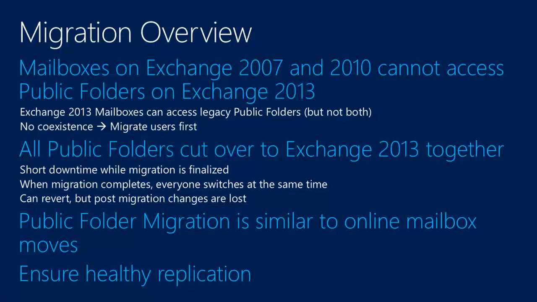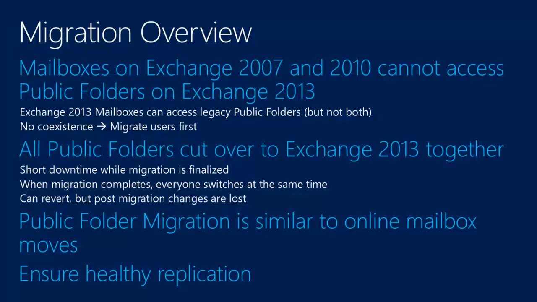All right, so similar to mailbox moves, we actually rely on the mailbox replication service to migrate our content from the legacy side across to Exchange 2013 and Office 365. And one of the last things that you should do before even attempting to synchronize your content and get it over onto the 2013 and Office 365 side, please ensure healthy replication throughout your environment.